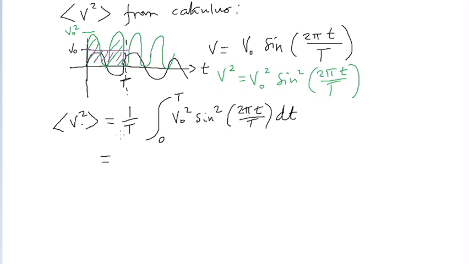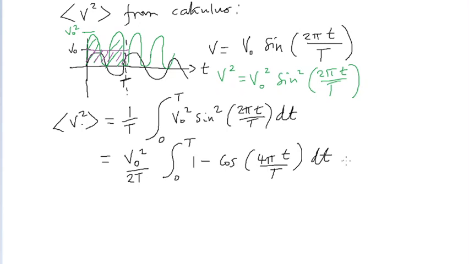So if I use the double angle formula, which you can find in your formula booklets, and also take the v naught outside, this becomes v naught squared over 2T times the integral from 0 to T of 1 minus cos 4 pi t over T, with respect to t.